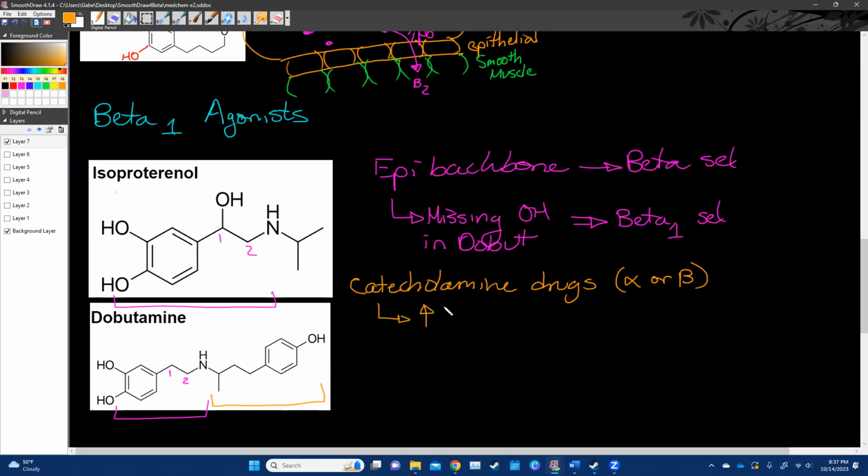When you increase the lipophilicity of a drug, you become more beta selective. The other thing that this is going to do is enable oral dosing.